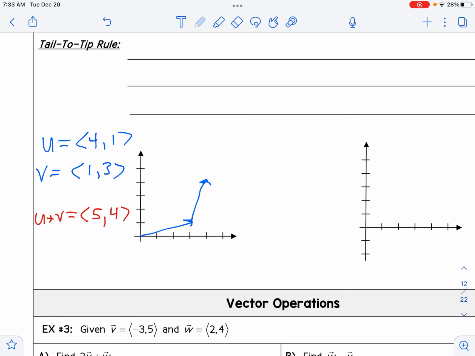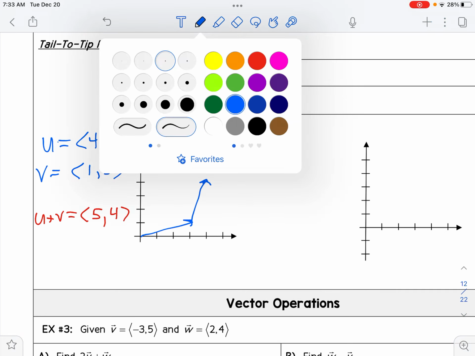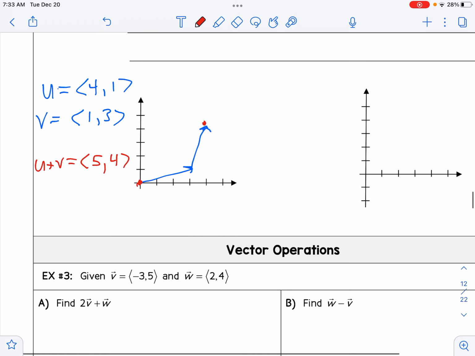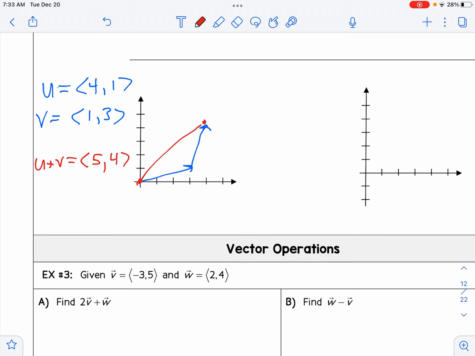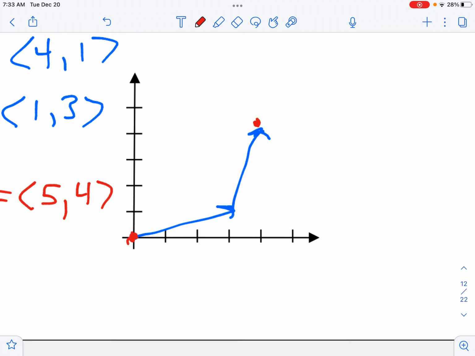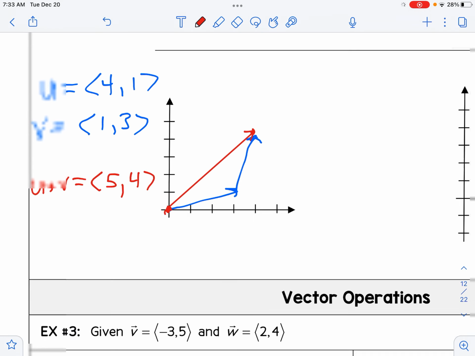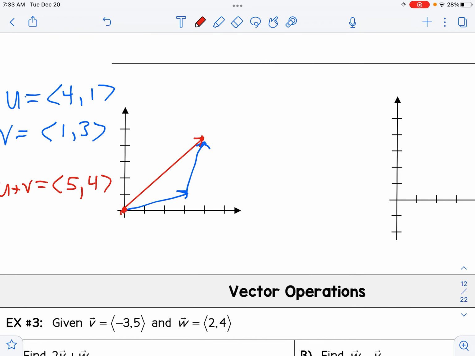And that's how we do tail to tip addition, because your original initial point and your new terminal point are going to create that resultant vector. And look where that happens to be, over 5, up 4. And we'll talk about how we can also add these together when we're not on the coordinate plane in a future example.